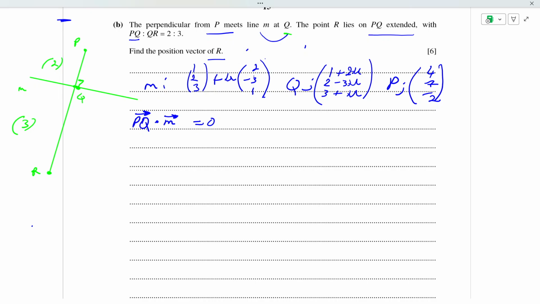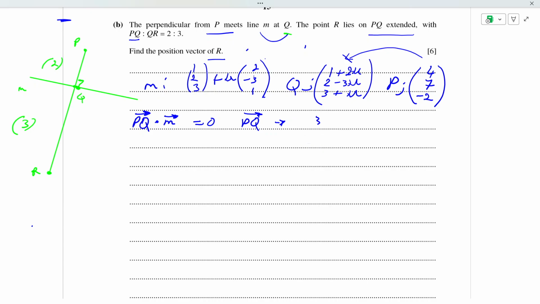All right, first we need to find PQ. We subtract (4, 7, -2) from that. When you do the subtraction, we have 4 minus 1, which is 3, 7 minus 2, which is 5, and -2 minus 5, which is -5.